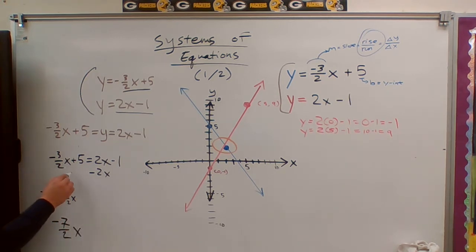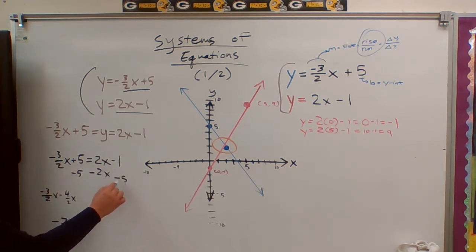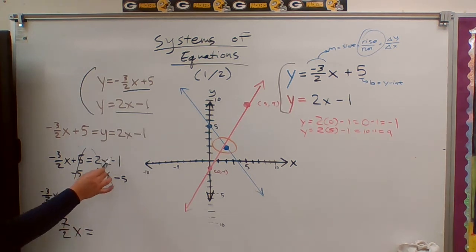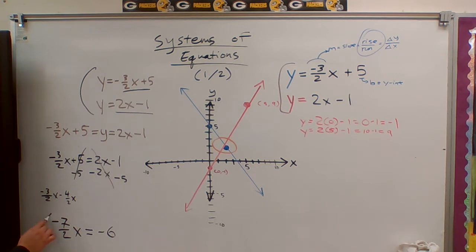And I'm going to get rid of this 5 as well. I'm going to move that to this other side. Minus 5 to both sides. So that negative 1, those will cancel. So that'll be equal to, because these will cancel too, negative 1 minus 5 is negative 6. Multiply both sides by negative 2.